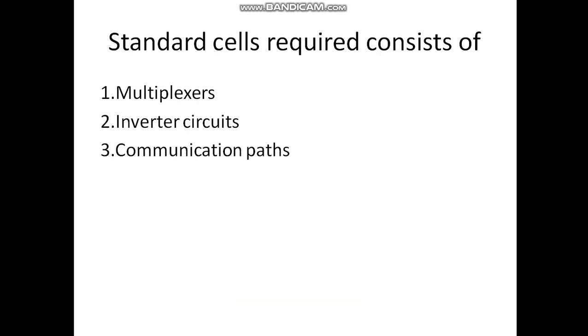Whatever is made available at the input has to be made available at the output. It can be the same input or the complementary input at the output. To establish this, we need communication paths. So the standard requirements are multiplexers, inverter circuits and communication paths.